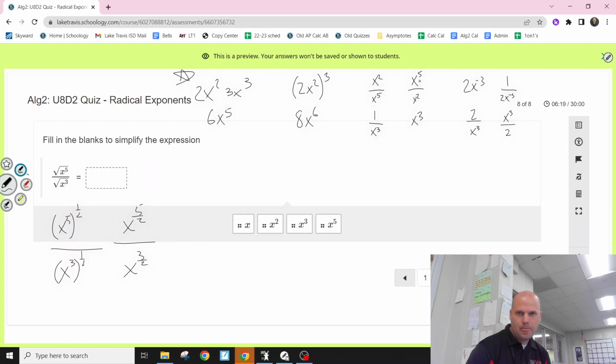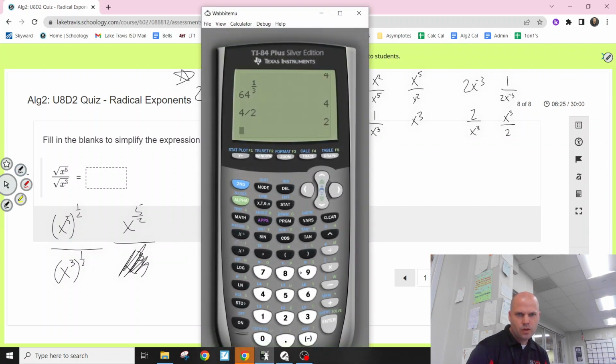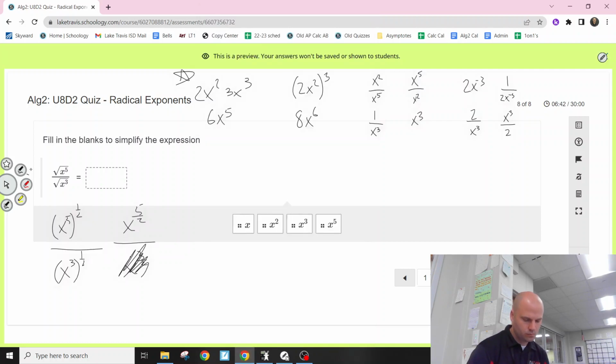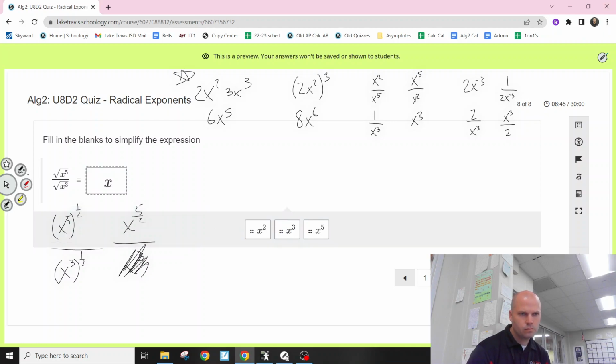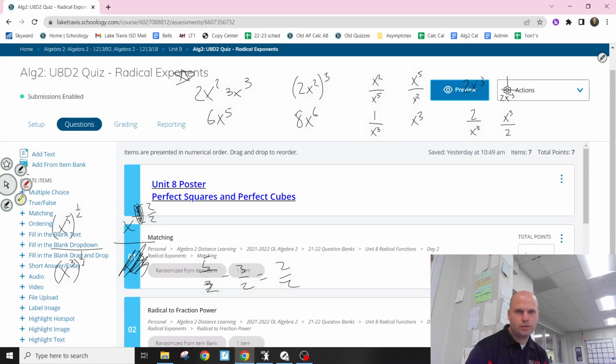You're going to cancel out all these 3/2, take them away from the 5/2. 5/2 minus 3/2 is 2/2, which is 1. Okay, so that's this quiz.